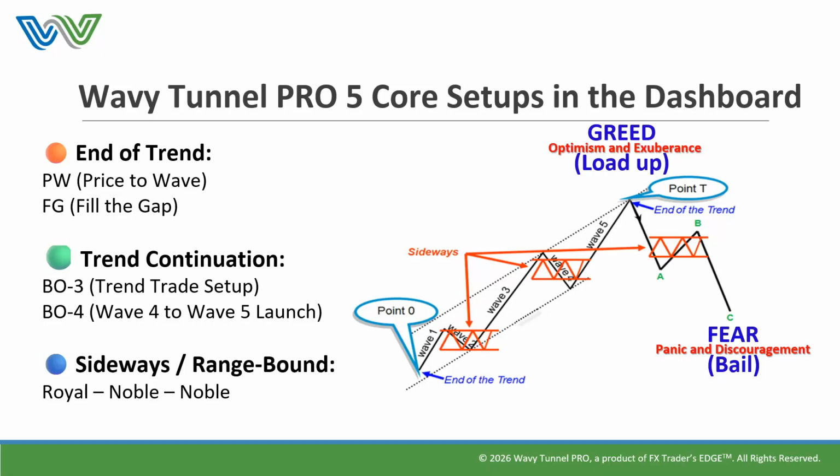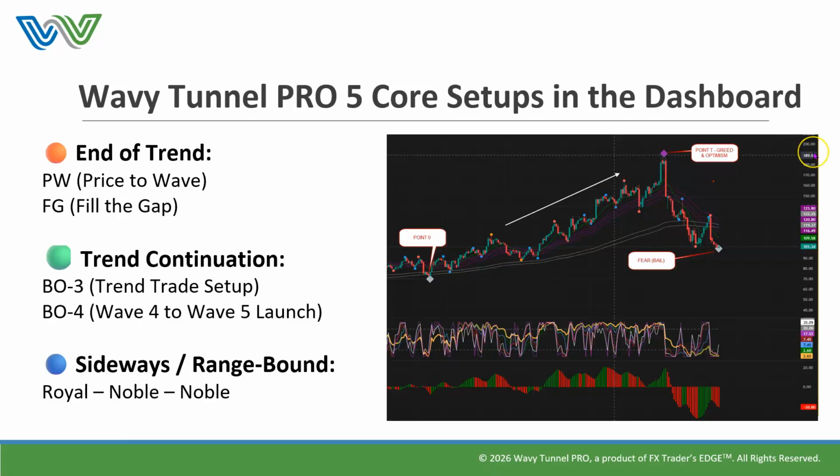The end of trend trades at point T, and that offers the price to wave and fill the gap trades down to C. The trend continuation trades, called the breakout 3 and the breakout 4 trades, and then the sideways range bound trades. So let's just go through these setups.